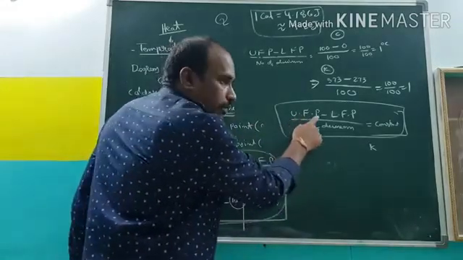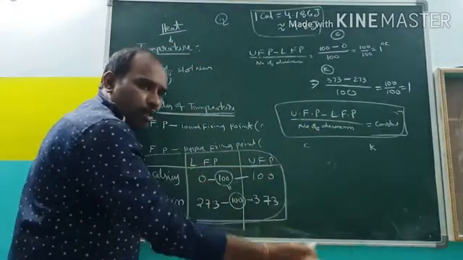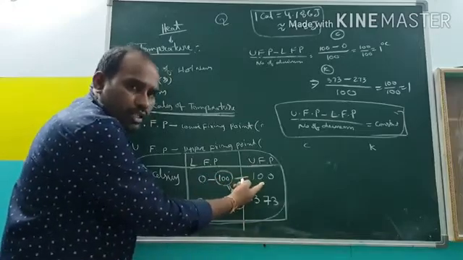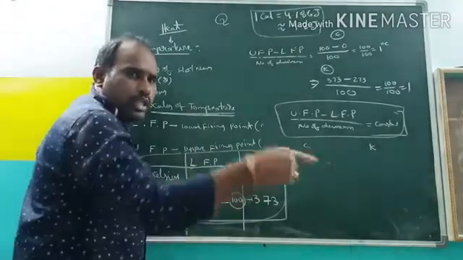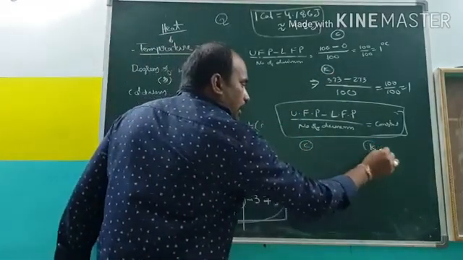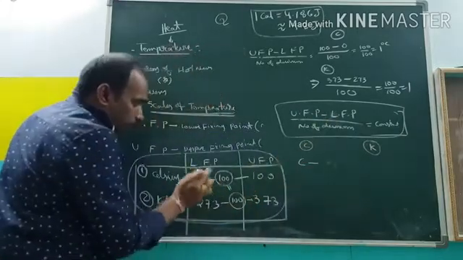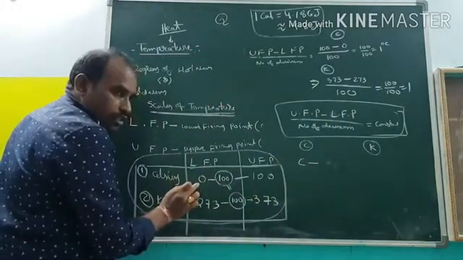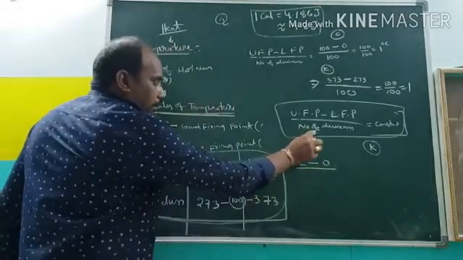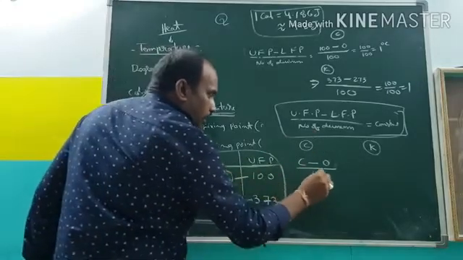For the upper fixing point, I take the temperature of the body, either 1, 2, 3, 4, 5, 6, up to 100 values; I can choose any one. So for Celsius, the upper fixing point is taken as C. The lower fixing point of Celsius is 0, so 0, divided by the number of divisions in Celsius, which is 100.